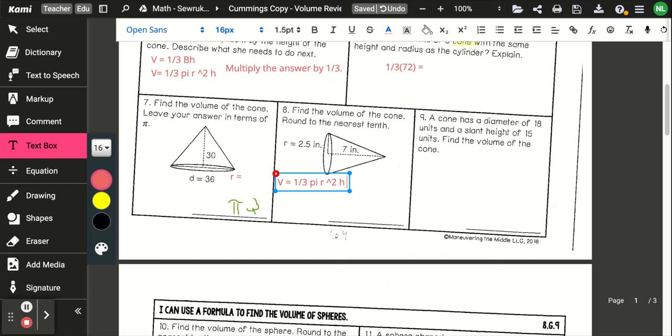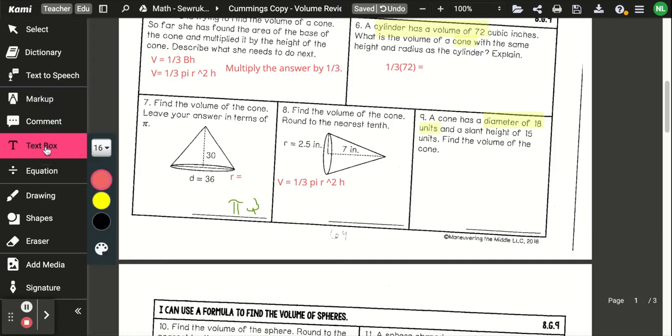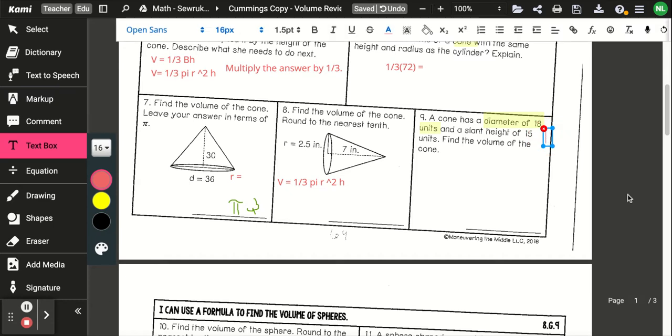Number 9, a cone has a diameter. It's giving you a diameter. That should set something off in your head that says, oh no, I need to find what the radius is. Remember, the radius is half of the diameter. So I'm going to write here, you need to figure out the R, and it has a slant height of 15 units.